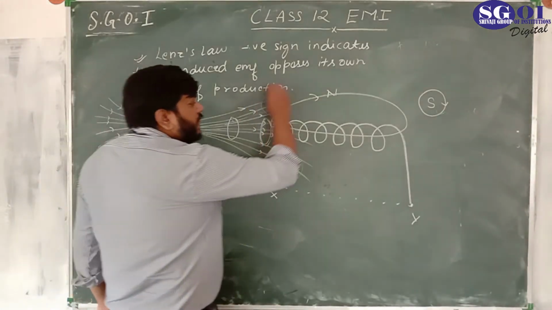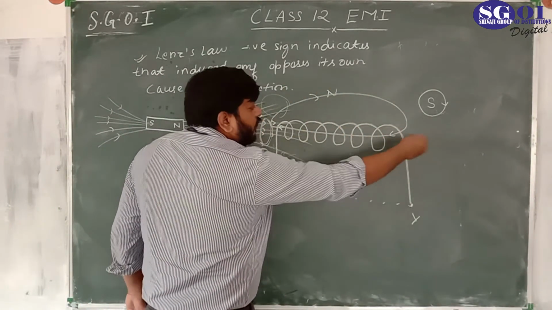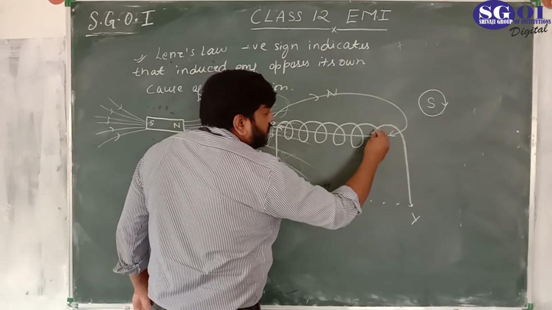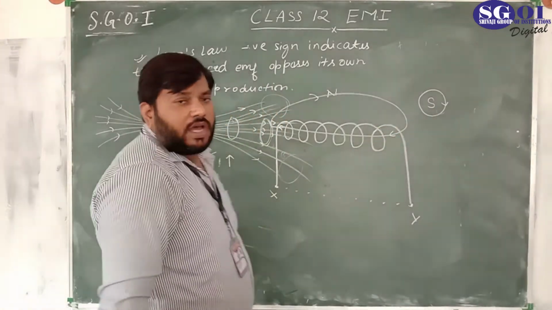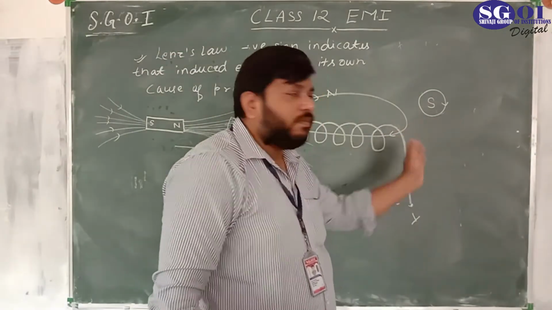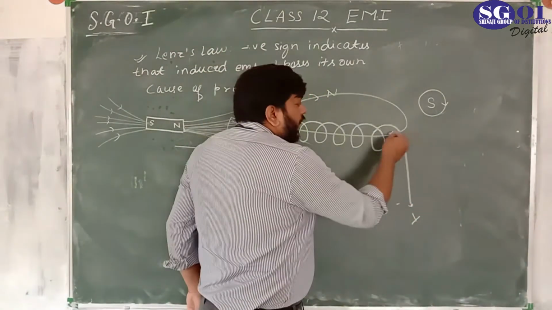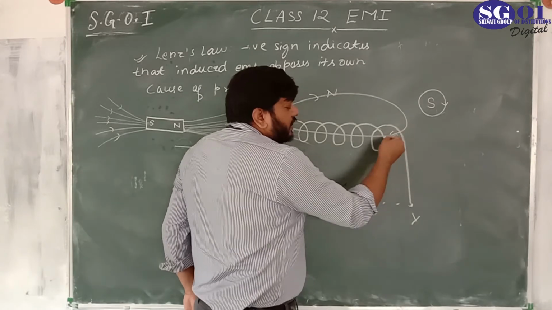So if this is the magnetic field like this, then a person who is seeing this face from this side sees that the magnetic field lines are entering.